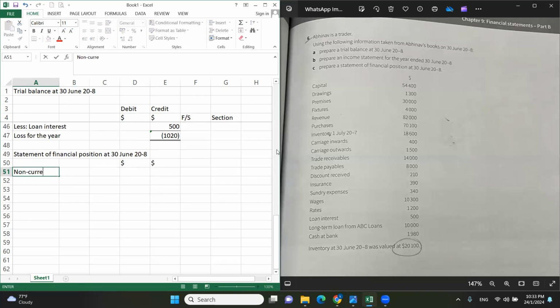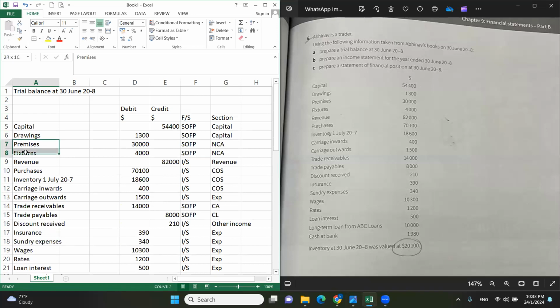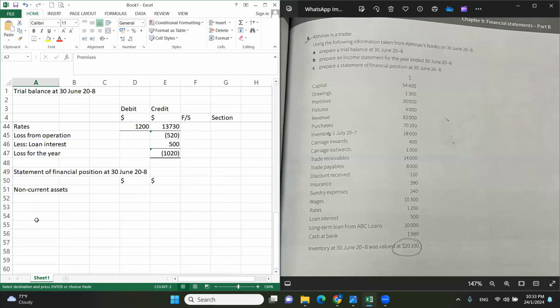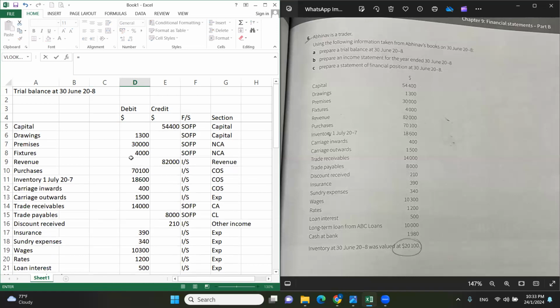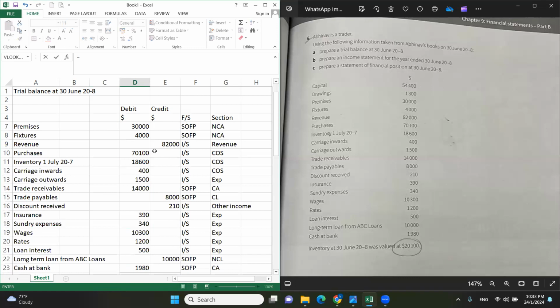This is a fixed or non-current asset. We have 2 non-current asset, which is the premises and the furniture. Okay, this one we underline it, the header. So this one premises is 30,000, and then furniture is 4,000.